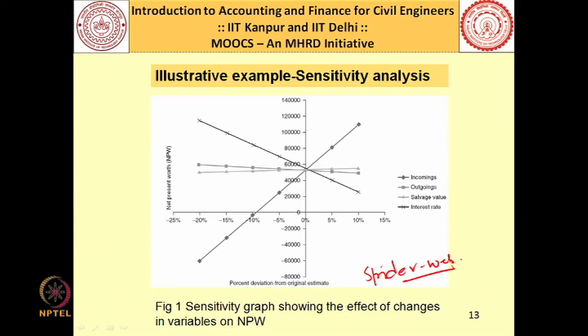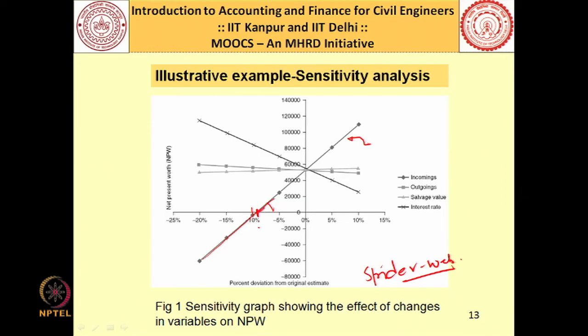Now, you can see this particular line here corresponds to change in the incomings value. You can see this line is very steep, this slope is very steep. This represents that this variable is very sensitive, as we have found. You can see that even if there is a drop of 9.35%, you can see 0%, minus 5% and minus 10% here, so even if there is a drop of minus 9.35%, your decision changes.